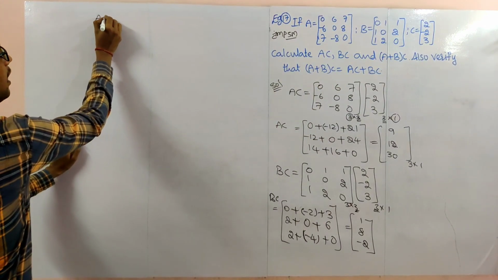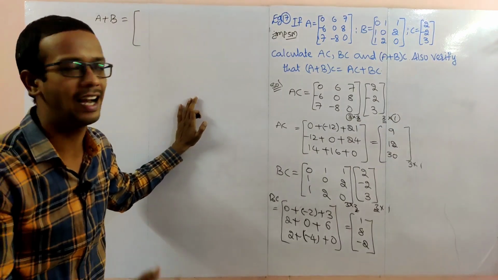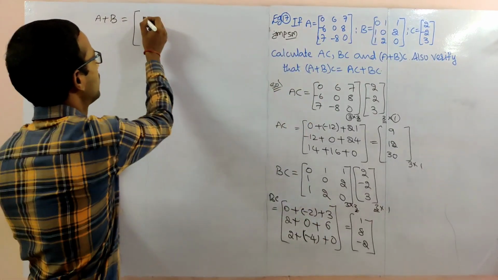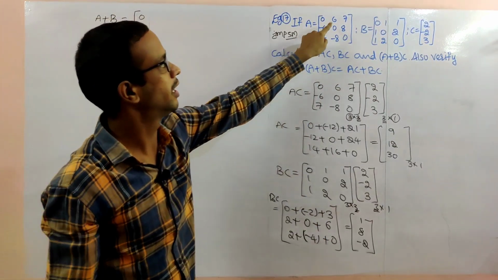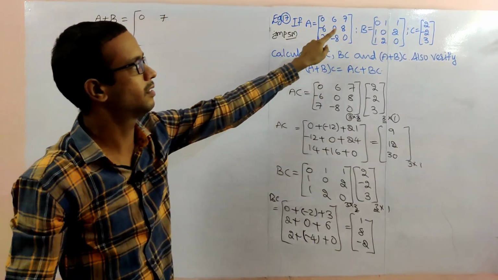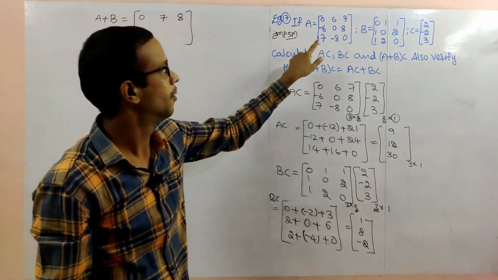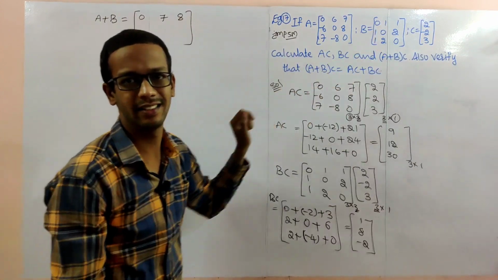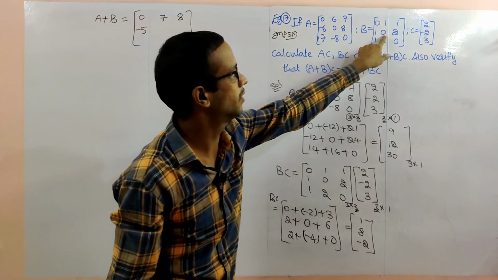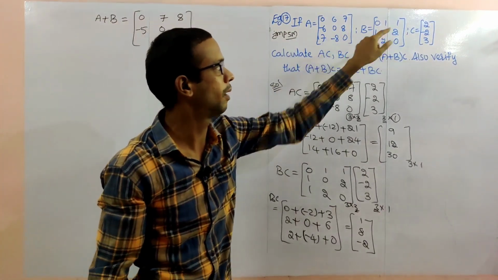So first I will find A plus B. Directly I am writing, you observe: 0 plus 0 is 0. Next, 6 plus 1 is 7. 7 plus 1 is 8. Next, minus 6 plus 1 is minus 5. 0 plus 0 is 0. 8 plus 2 is 10.